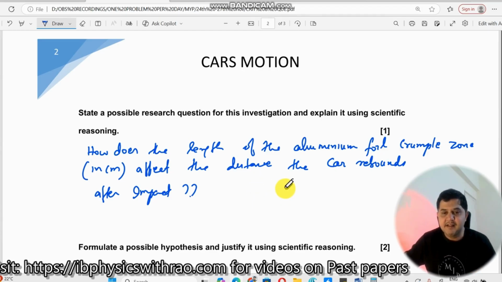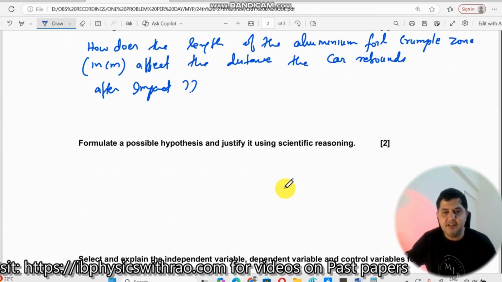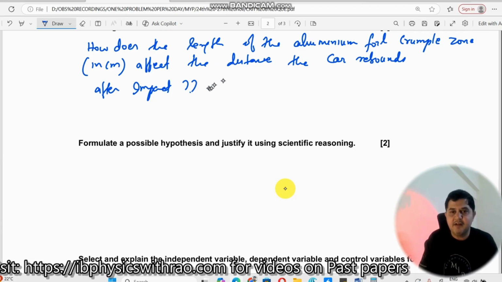Now, next, formulate a possible hypothesis, and justify it using scientific reasoning. So how do you write it down here?